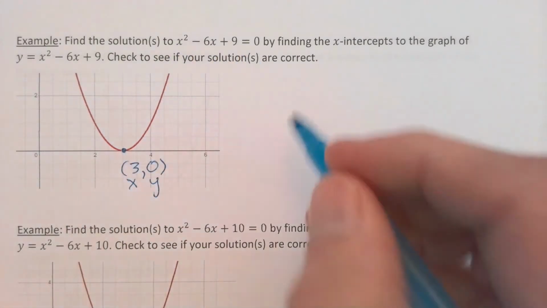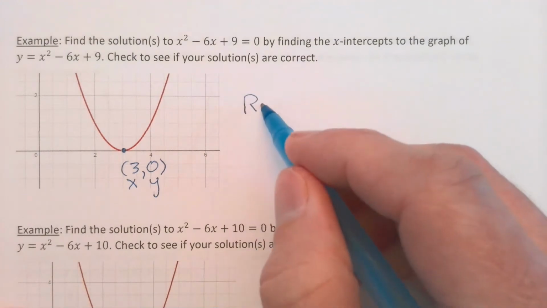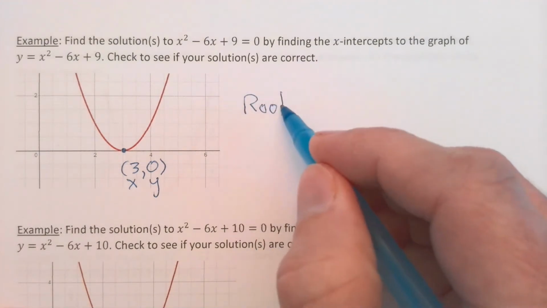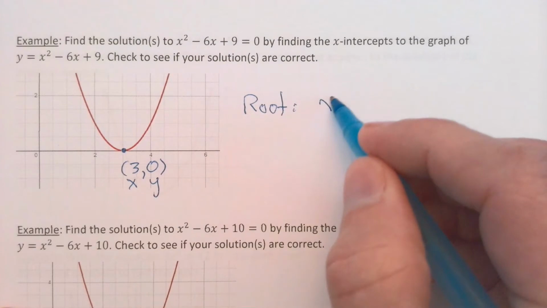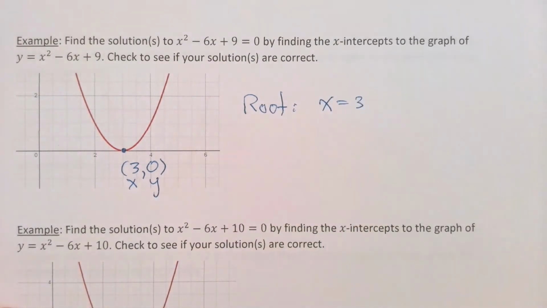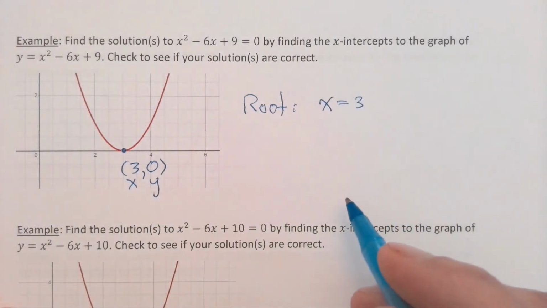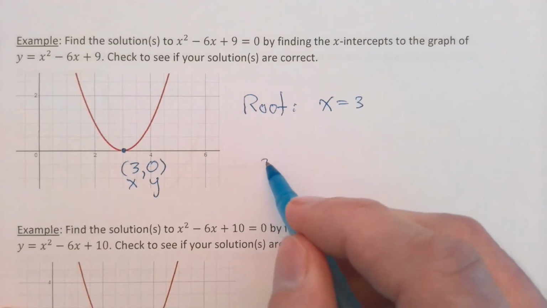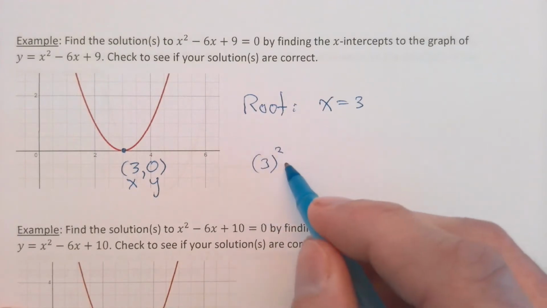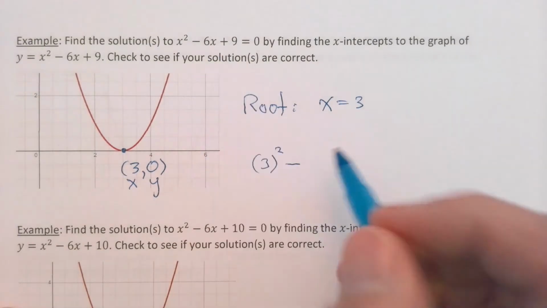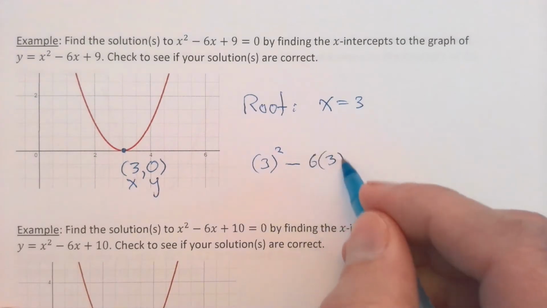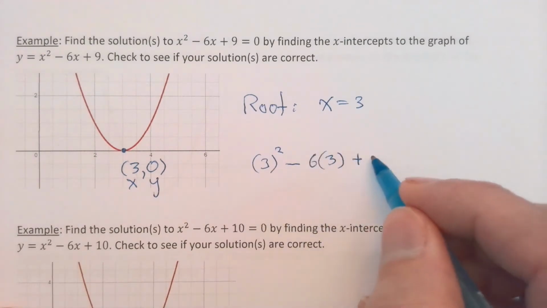So I think we found it already. You can call it a root or a zero or a solution, but there's only one this time, and it's x equals 3. Let's go ahead and test and make sure that that is an answer. So I plug 3 into this equation and try to verify that it's going to come out to equal 0.